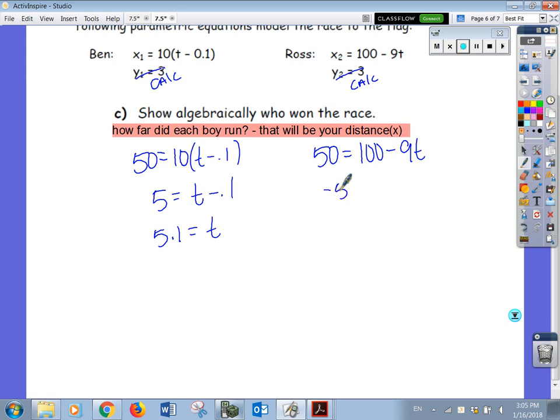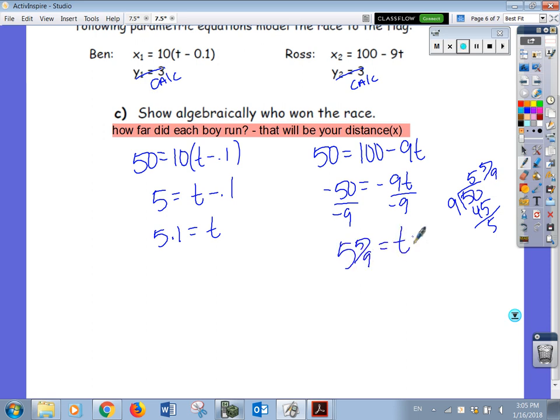And we do the same thing over here: negative 50 divided by negative 9. Then we do 50 divided by 9, and we get 5 and 5 ninths. Negative divided by negative is a positive, so that's why I got rid of the negative sign, because obviously it's going to be positive.